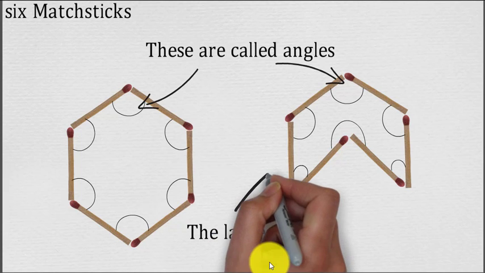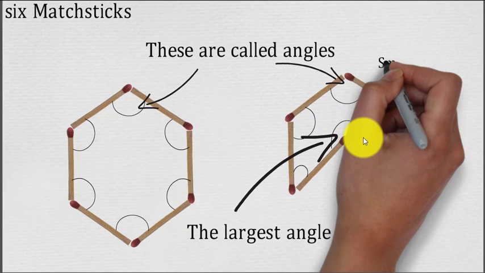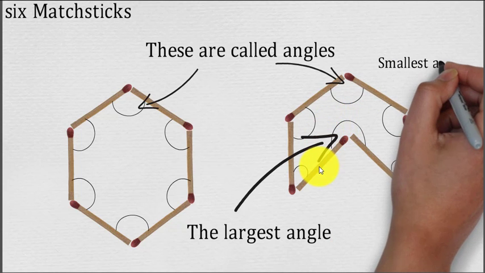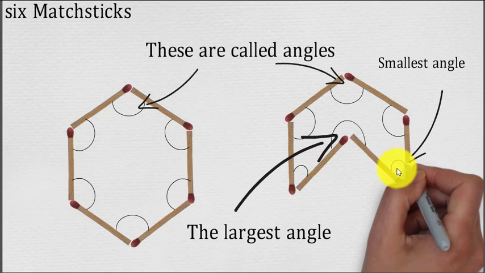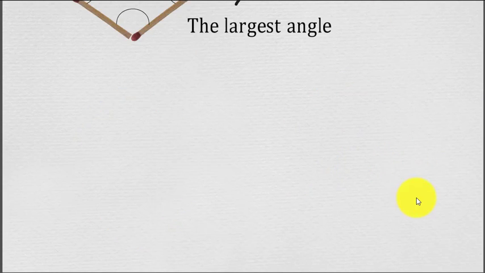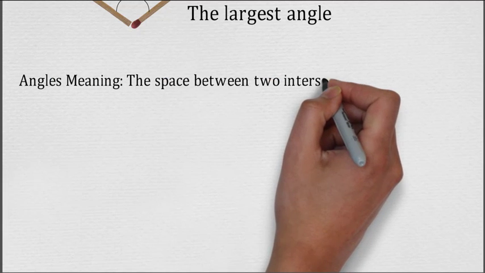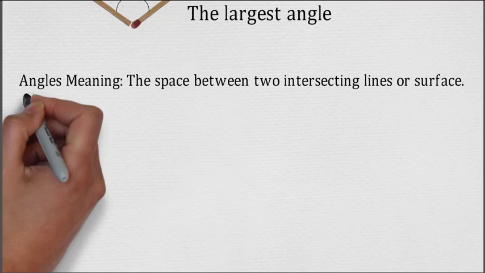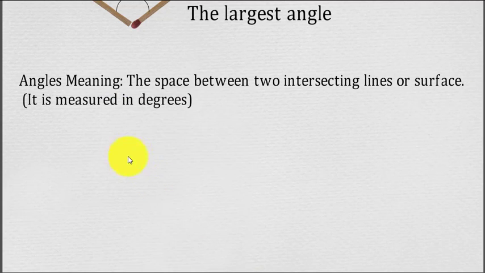Where is the largest angle? This one is the largest angle because you can see it is very wide. And the smallest angle, which one would it be? This one is the smallest angle. Now I'll tell you the meaning of angles. The space between two intersecting lines or surface.